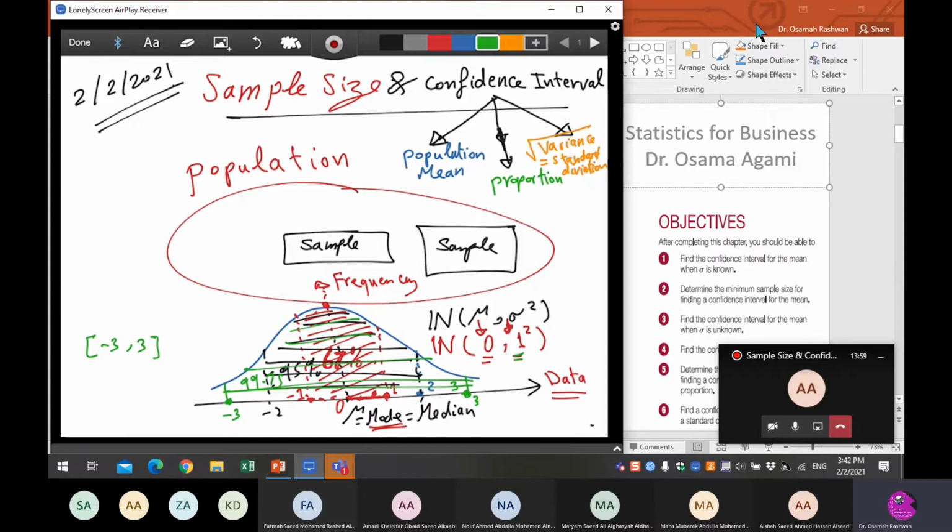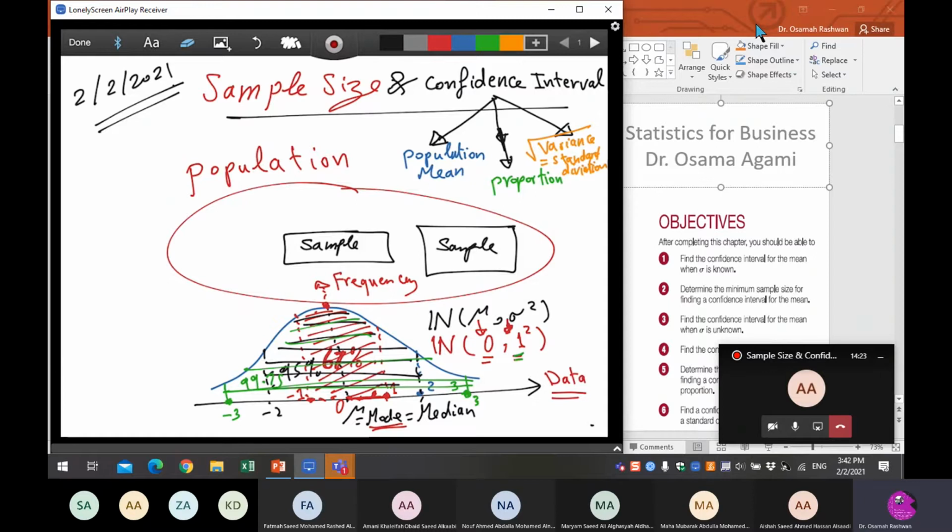This is your data Z lying in this interval by 99.75%. This is the confidence interval that your Z will be one of these, right? Okay, that's good. This is what interval means.